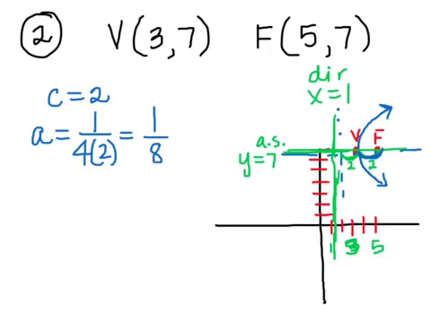And if you ever get messed up on your signs, just look at the picture again, and if the parabola is opening to the right, it must be a positive A. If it's opening to the left, you should get a negative A. You can usually just tell by the direction it's opening whether you should use a positive or negative.